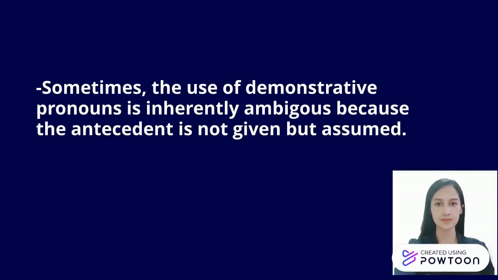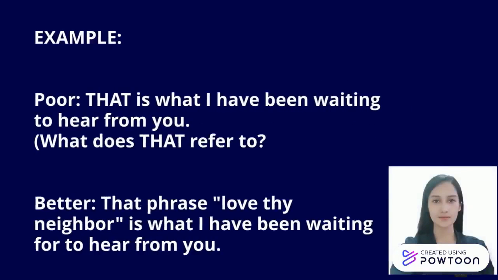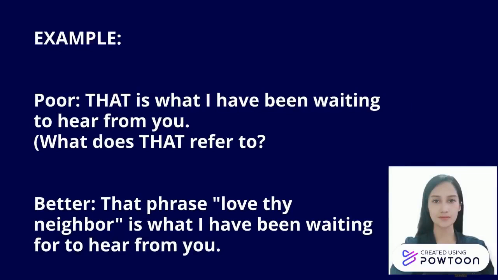Sometimes, the use of demonstrative pronouns is inherently ambiguous because the antecedent is not given but assumed. Example, in a poor sentence, we can say, that is what I have been waiting to hear from you.